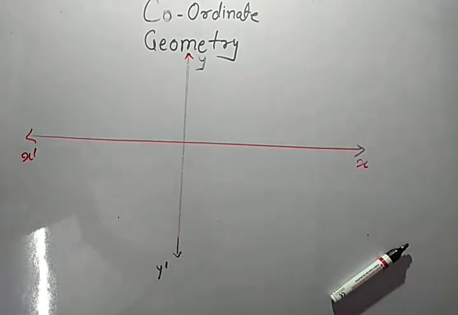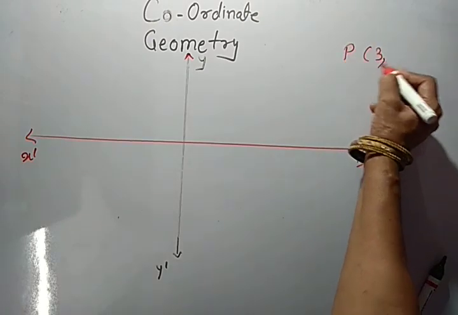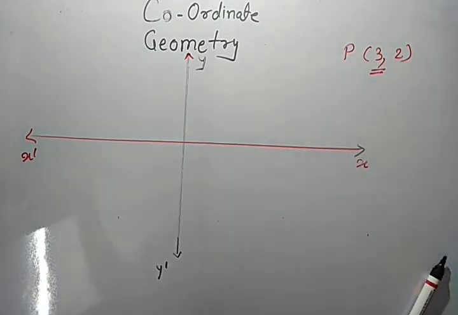We have also studied how to locate a point in the xy Cartesian plane. Suppose a point P is given by (3, 2). The first one, the x coordinate, is called the abscissa, and the second one, the y coordinate, is called the ordinate.